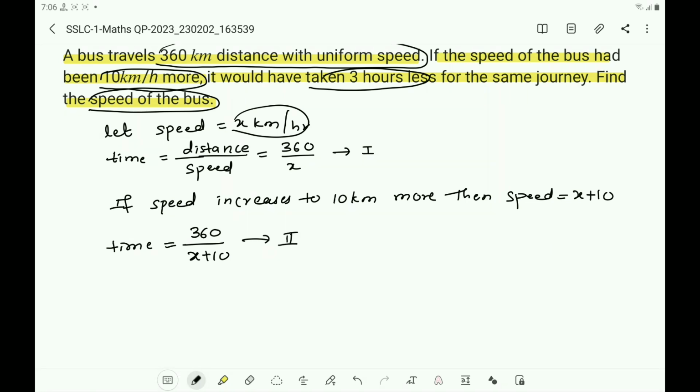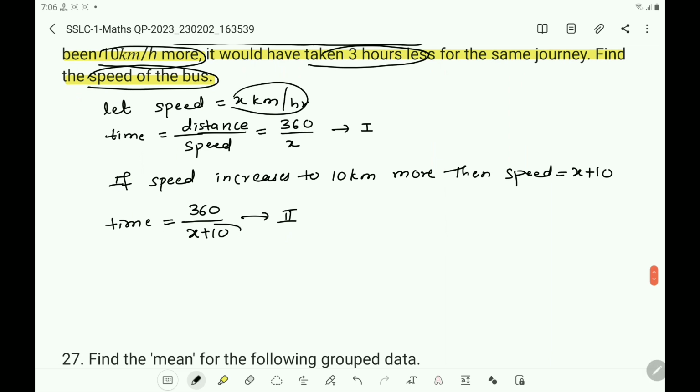You know that if the speed is 10 kilometer more, the time becomes less. Which time is more? You know that here the first time is more because the speed is less. The second time is less. How much less? 3 hours less.